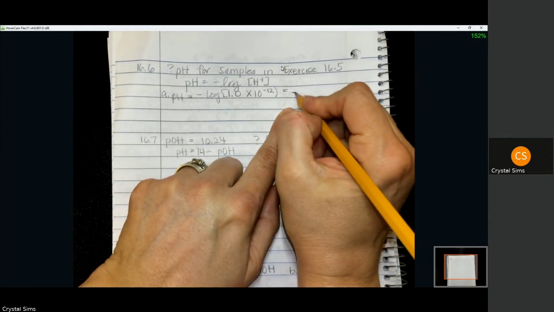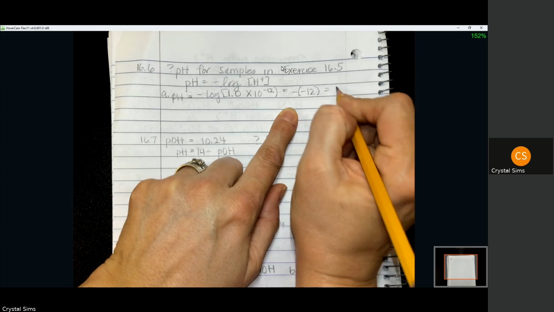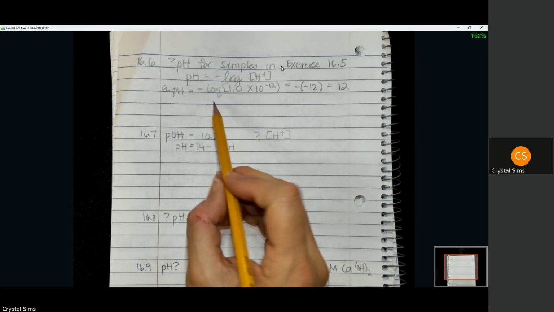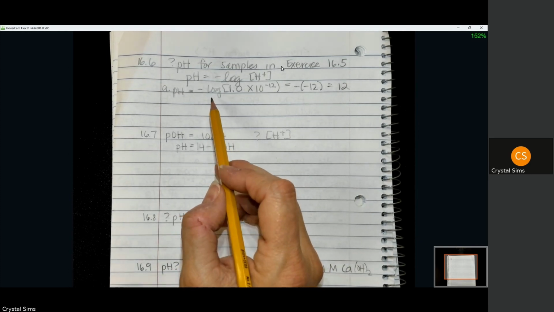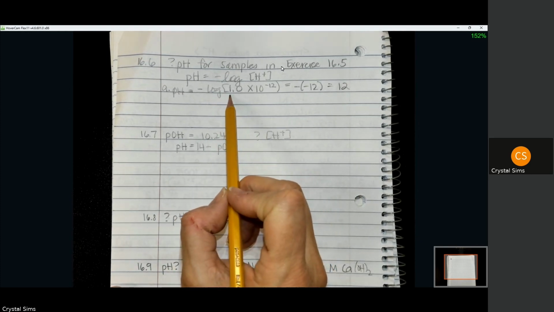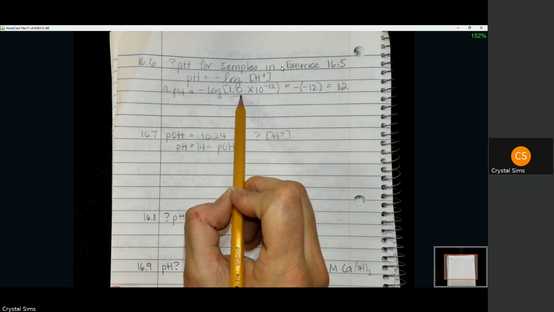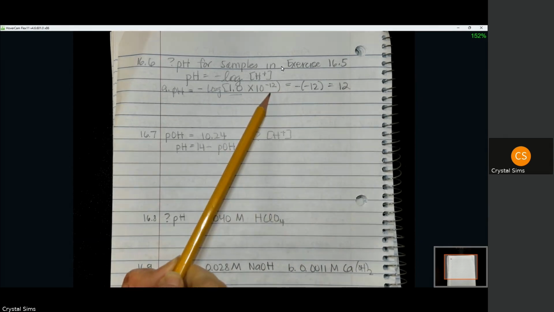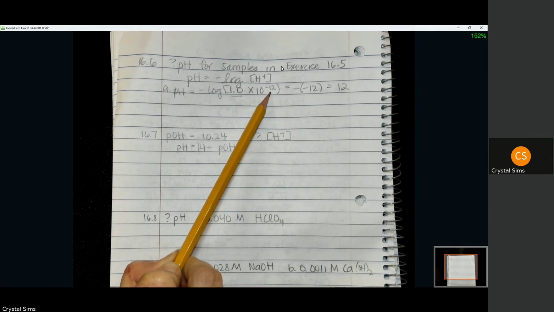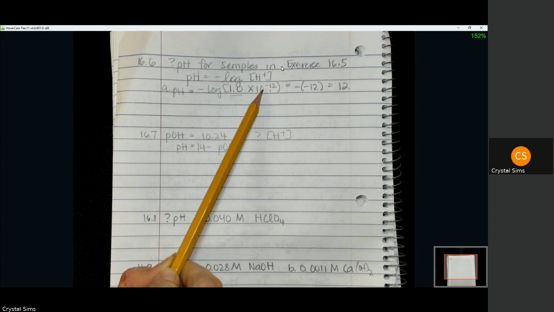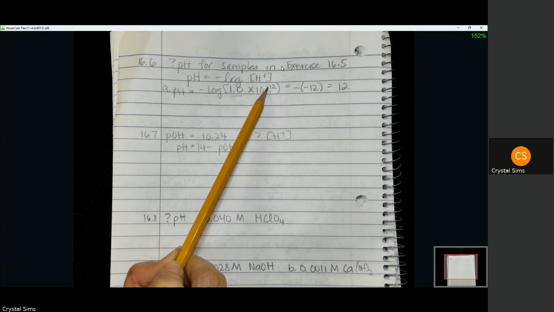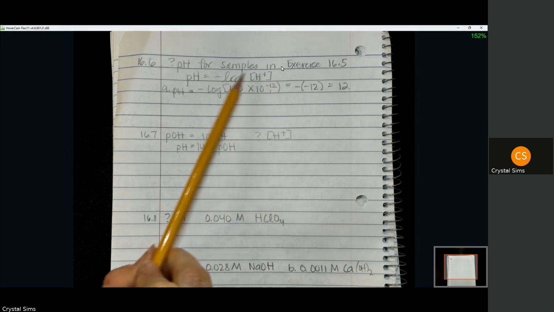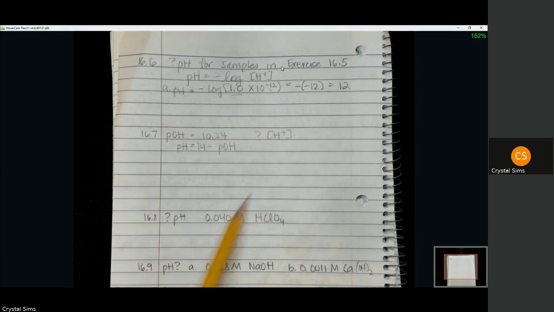So my pH is 12. You can see from this example that if your number here is 1.0, then you can just look at the exponent up here and take the negative of that. So negative of a negative 12 is going to be a positive 12. So the pH is 12.